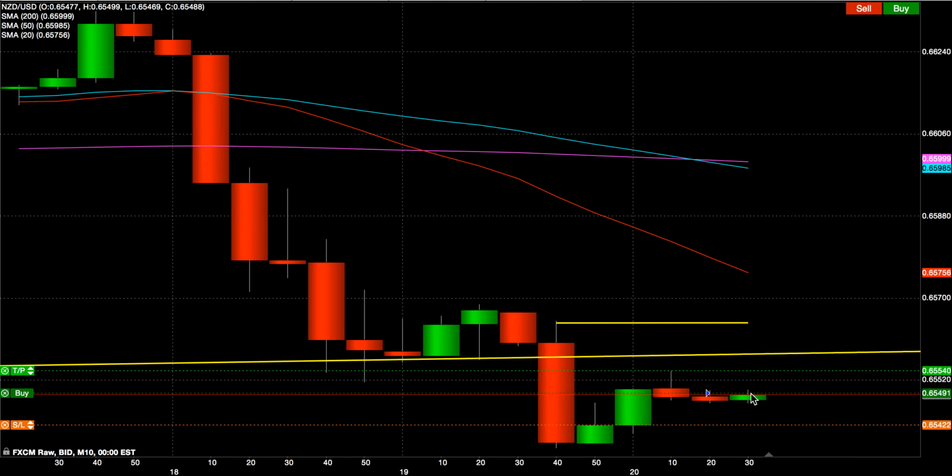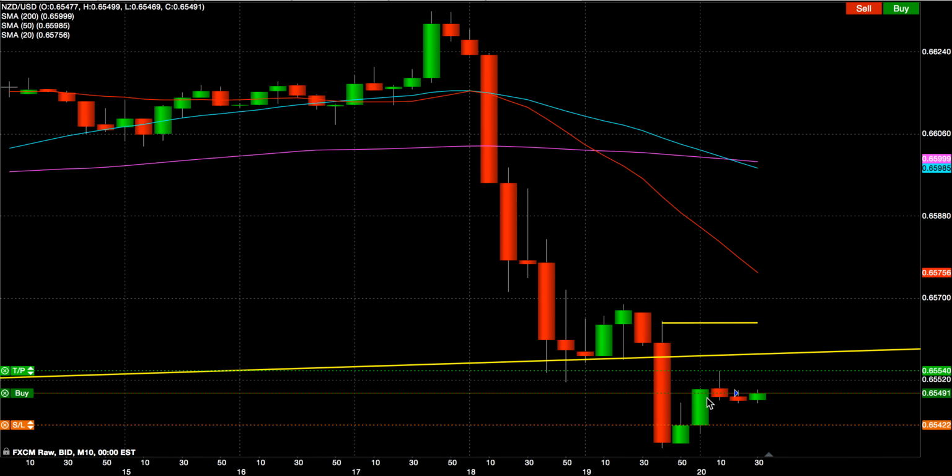All right, as you can see, this thing made a higher high than the previous candle, so that's a good sign, to me at least. So we're at break even.